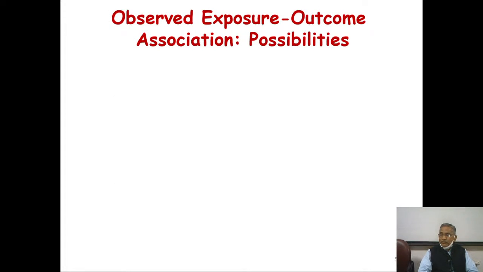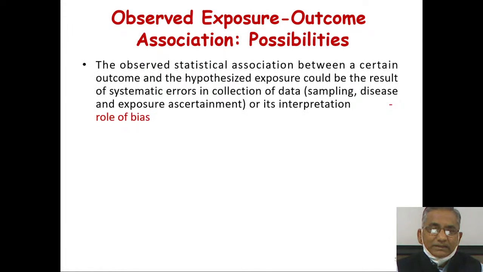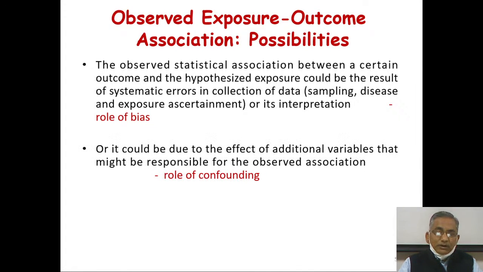Finally, in any trial or analytic study, when you show there is a relationship between exposure and outcome, drug and cure, there are four possibilities. One possibility is that it could be due to bias. When you report A is better than B, you have to convince the other person that bias is not the possible explanation. Second, you have to convince them that other factors are not the reason.